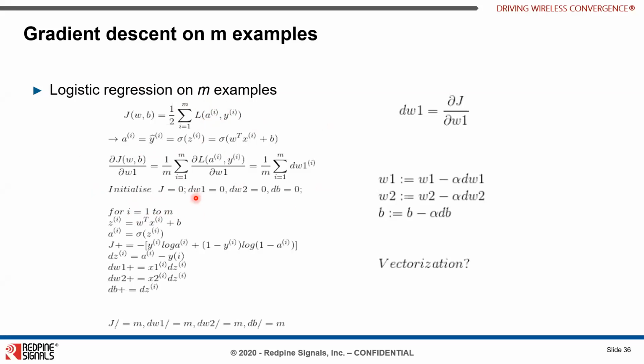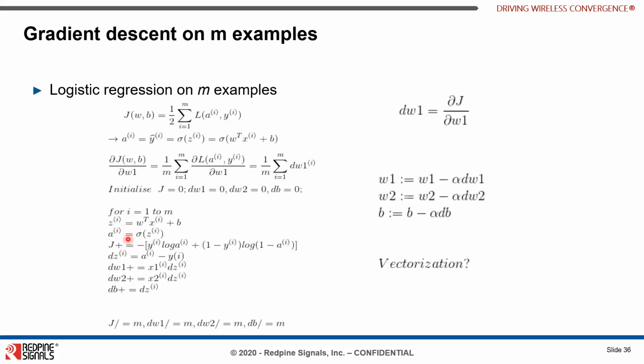Okay, so here you need to run a for loop, for i equal to 1 to m. For z(i) equal to w transpose x(i) plus b, and a(i), the activation, is sigma of z(i). After finding this, we update the value of the cost function, J of w, b, if you remember.